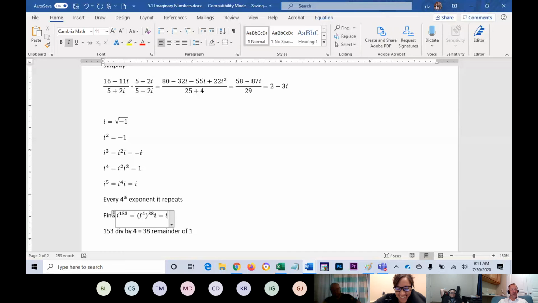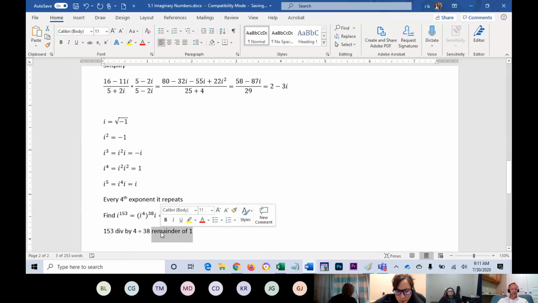So essentially what I've done here, I've raised i to the 4th to the 38th power. So basically all you need to do, take the exponent, divide it by 4. You're going to get whatever the number is, but the remainder is what you care about. Since I have a remainder of 1, that's i to the 1st power.